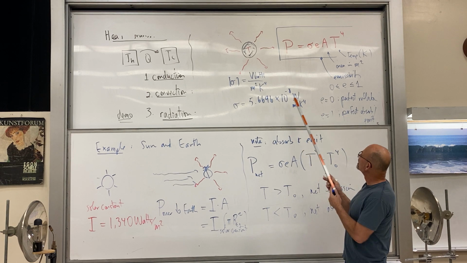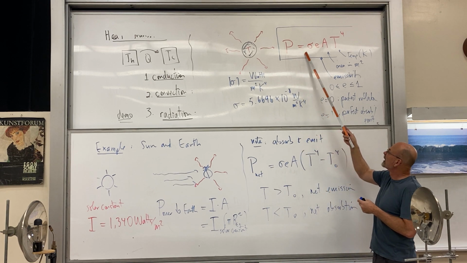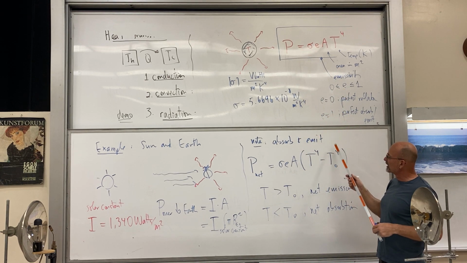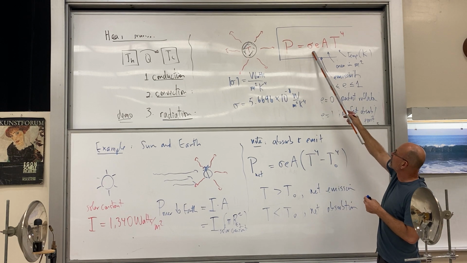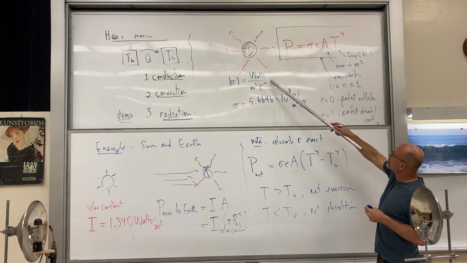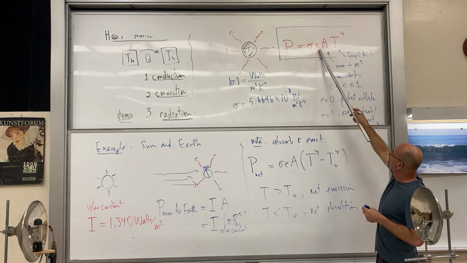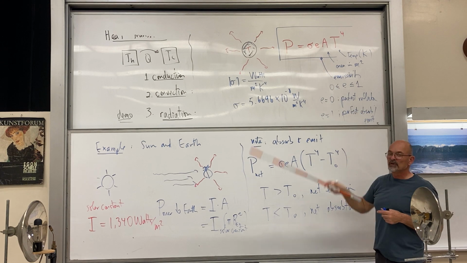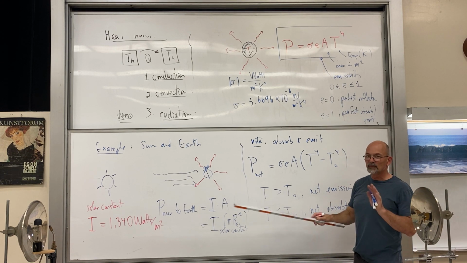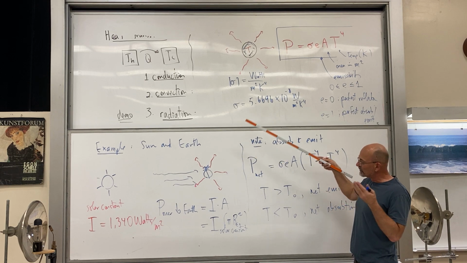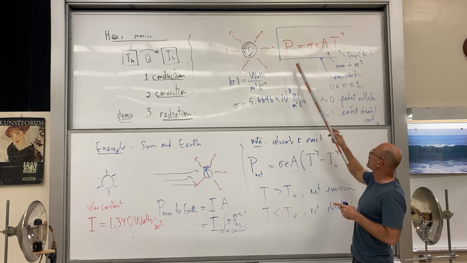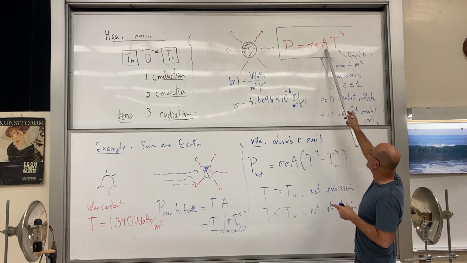So for the emission, we would use this number here. We could ignore the difference one. We can just use this for the emission. Sigma is what it is. E, for the time being, we'll just call it 1. That's actually an important point for the actual accurate number, but for us, we would just set it equal to 1.